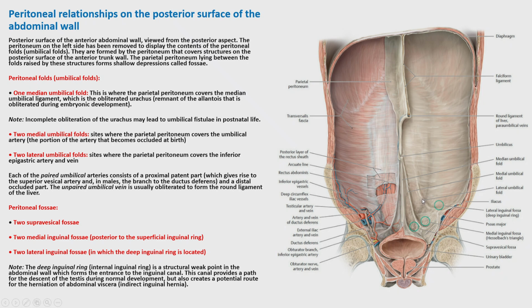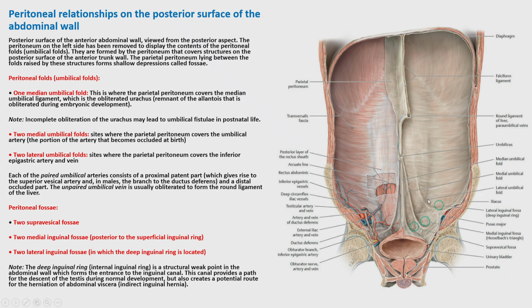Between these folds, 3 and 5 folds, there are some fossae. Between the median and medial, there is the supravesical fossa. Between the medial and lateral is the medial inguinal fossa, extremely important for hernia. It's called Hesselbach's triangle.